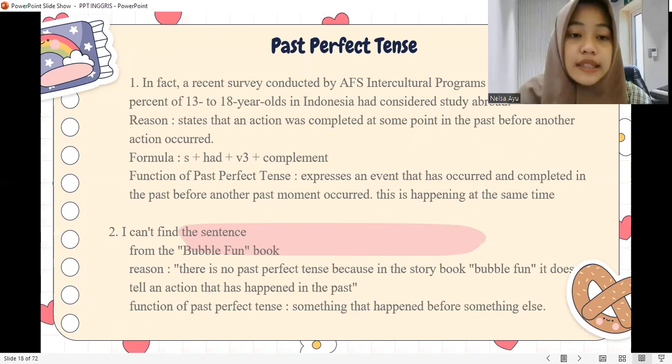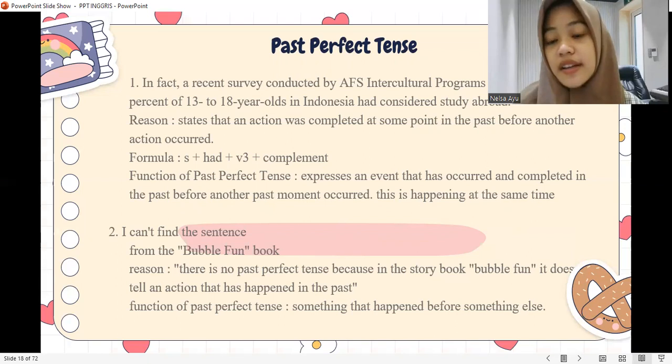Example number one is, in fact, a recent survey conducted by AIFA's intercultural program found that 81% of 13 to 18 year olds in Indonesia had considered studying abroad. Reason: it states that an action was completed at some point in the past before another action occurred.